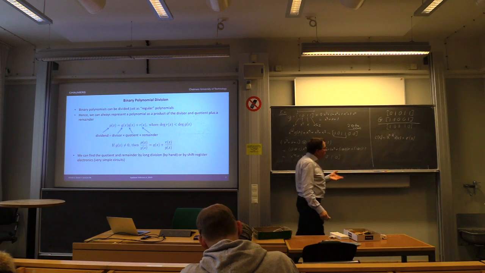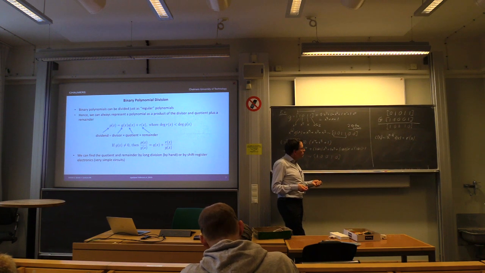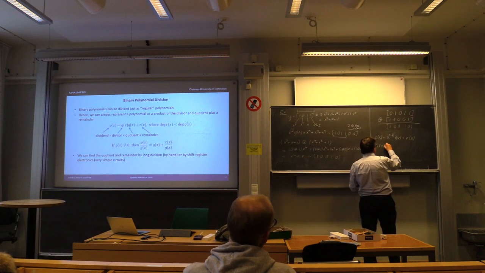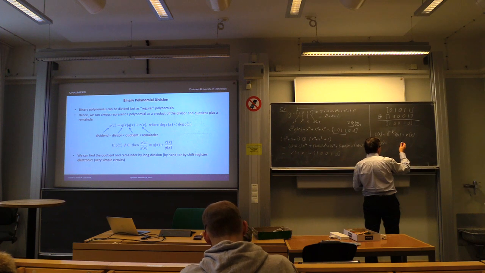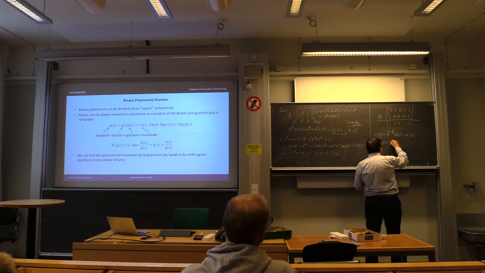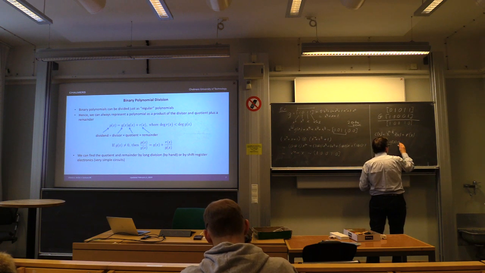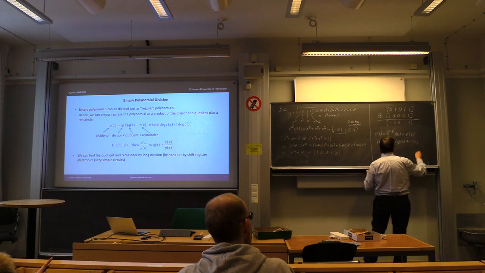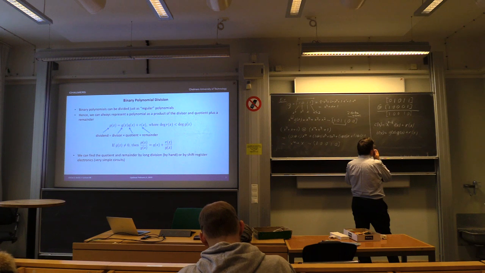Now, I(x) is, let's see if I can do this by hand, so bear with me if I make a mistake here. So this is equal to g(x) q(x) plus r(x), like this. So if we put this in there, what happens then?